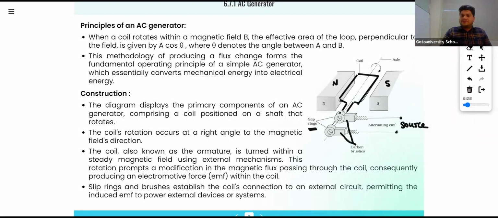How will this work? From north to south pole, we know there will be magnetic field lines, straight like this.